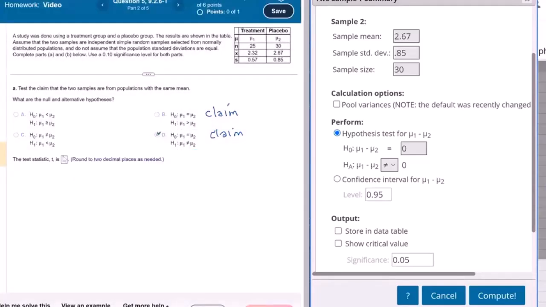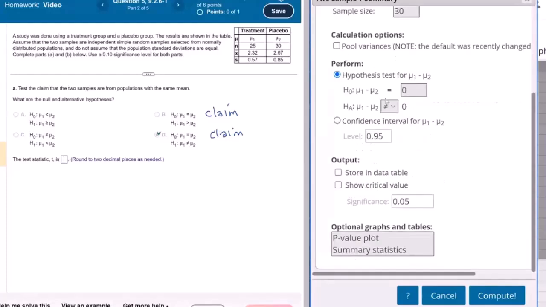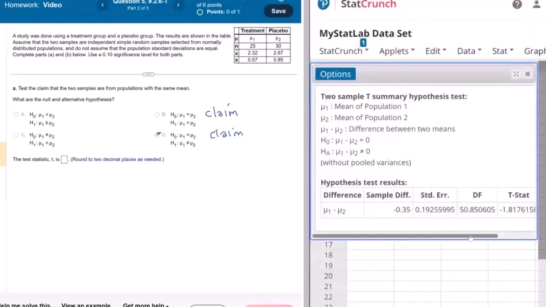Perfect. The test statistic: I get my test statistic from my hypothesis test. This one is mu1 minus mu2 equals 0. And then this one is they're not equal to 0. We hit compute and we get our t statistic.